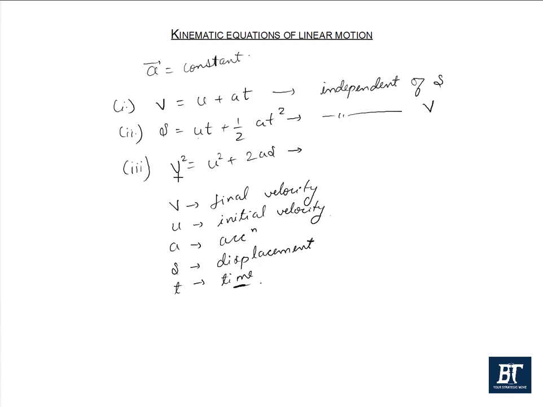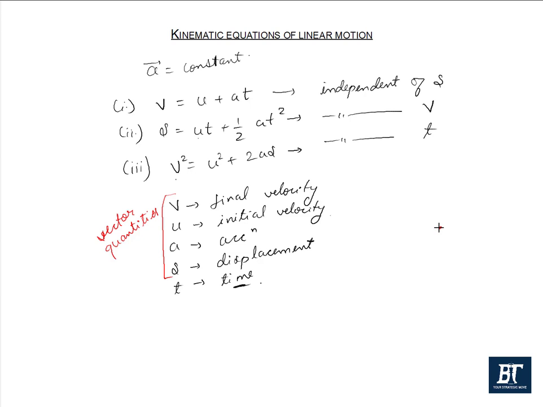And the third equation relates final velocity with initial velocity, acceleration and displacement, and this equation is independent of time. While solving the problems, one of the important thing that we have to keep in our mind is that velocity, acceleration and displacement are vector quantities. So we have to substitute their values with proper sign.